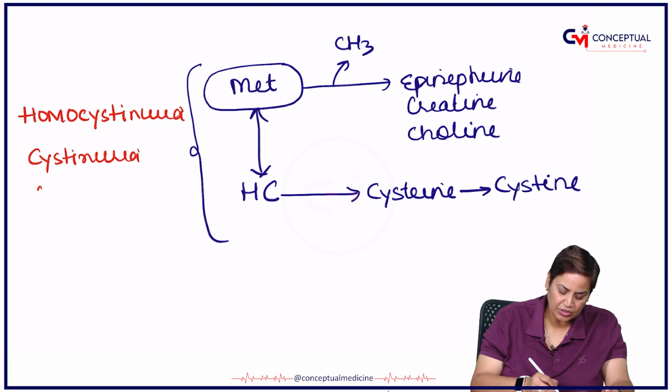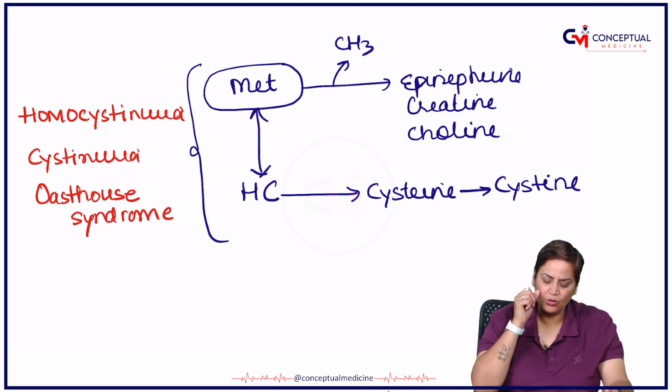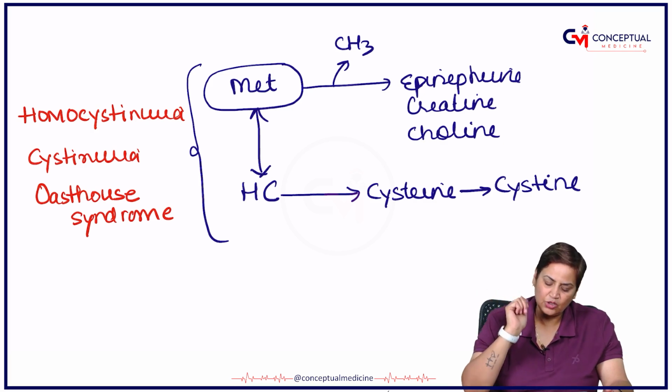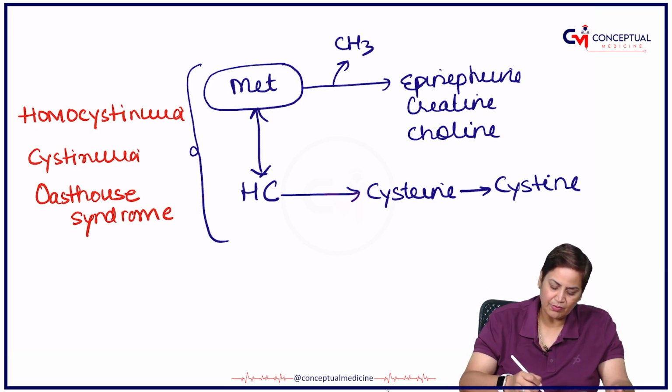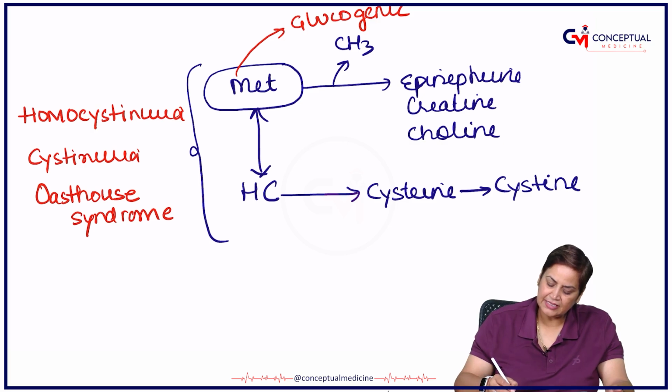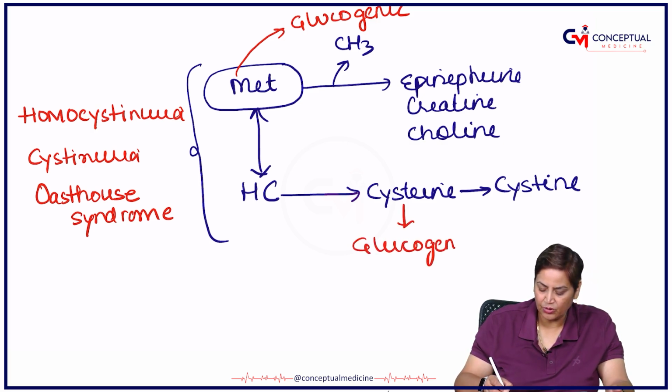One more is there, Oasthouse syndrome we call it, which is actually due to the defect in again the transport of methionine. And if we talk about this, methionine is a glucogenic amino acid. Similarly, cysteine is also a glucogenic amino acid.